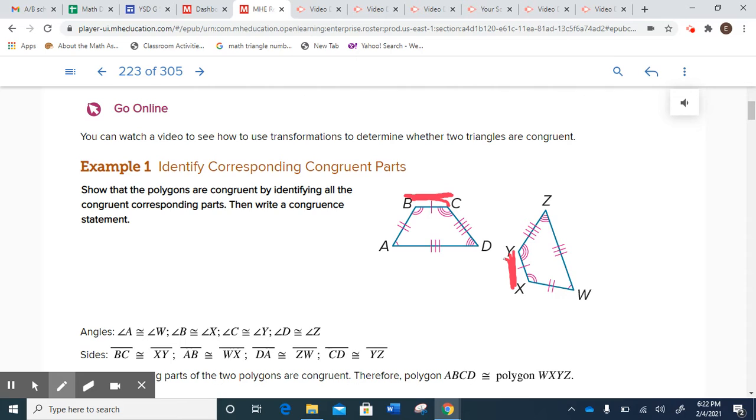So if this one was a measure of 2, then this one would have to be a measure of 2 as well. If this one has 4 dashes, I would find the one that has 4 dashes as well, and then those two would be matching. So if this was a measure of 5, this one would be a measure of 5.